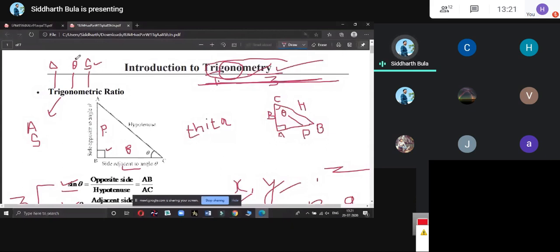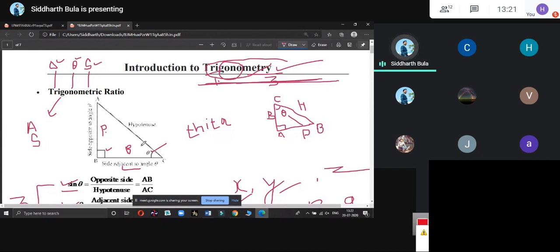Now in a right angle triangle, one angle is always fixed at 90 degrees, so forget about it. Which angle do we need to show the relationship? We are going to show a relationship between the sides and the angles. Which angle? Angle is theta, which the question will give us, which will be mentioned in the figure, right? Theta is the angle, and we have 3 sides: AB, BC, CA.